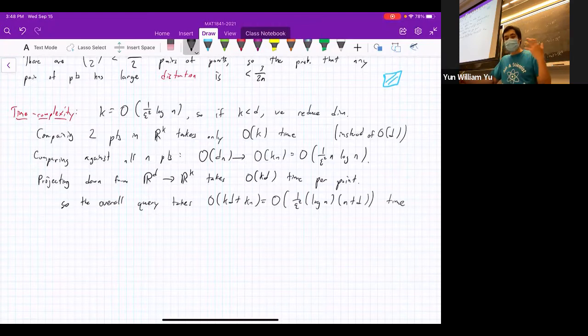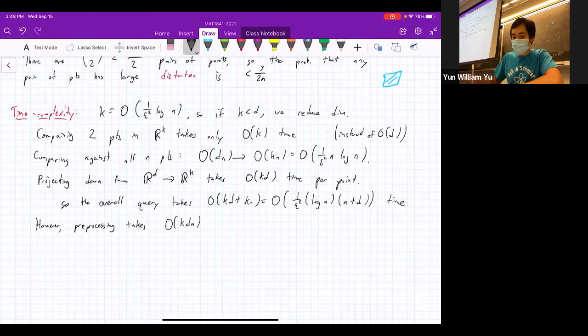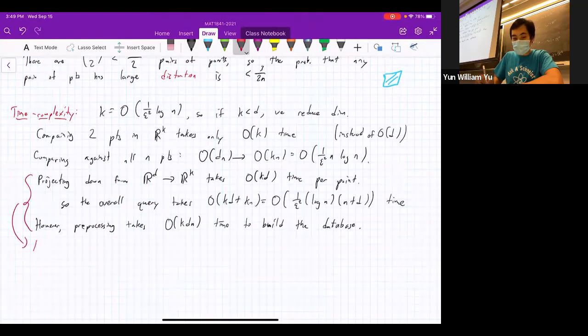So unfortunately, we still end up with this d term because you still have to project every point down, and you also get a pre-processing time, which takes O of kdn time to build the database. So it still is a win, but it's not that much of a win. And the reason for all this is because A is a dense matrix, a dense matrix with kd entries.